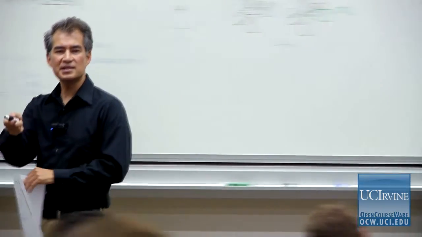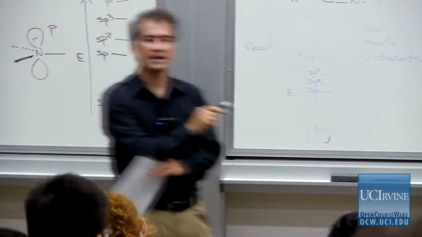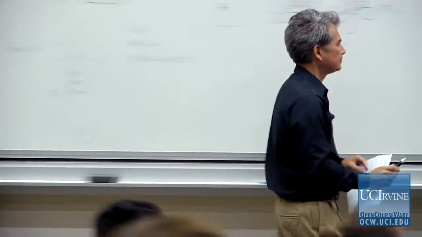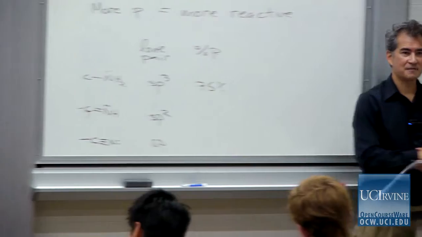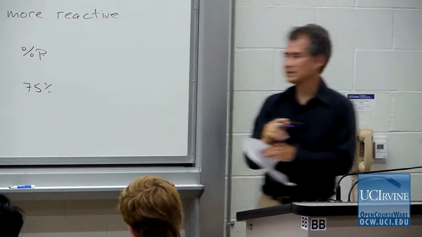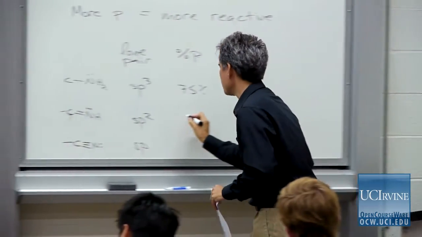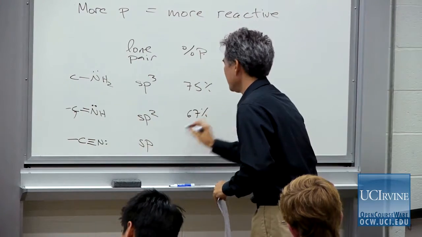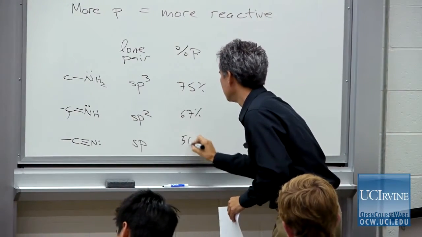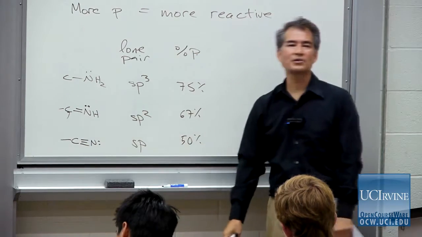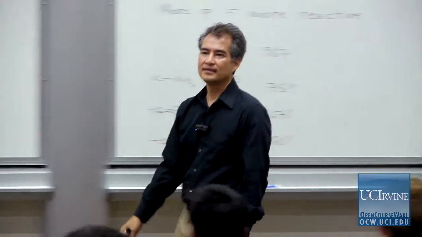Now, what's the percentage of p character in this top case, sp3? 75% p character. sp2, what's the percentage of p character? It's about 2/3, or 67%. And then finally the sp, 50%.